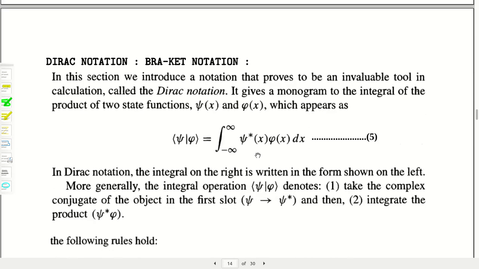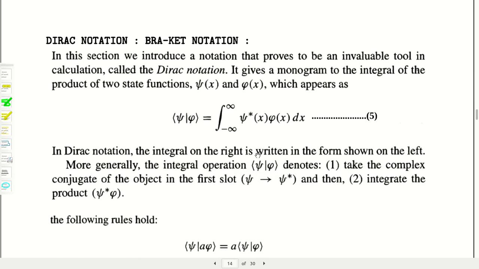Now let us take a look at the revolutionary notation method, I should say, in quantum mechanics. That is the Dirac notation, which is known as the Bra-Ket notation. Here we write the inner product in terms of brackets, psi comma phi or phi comma psi, whatever.